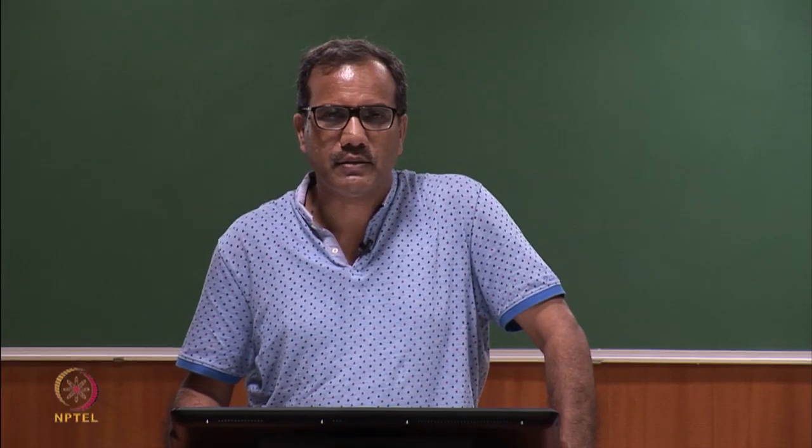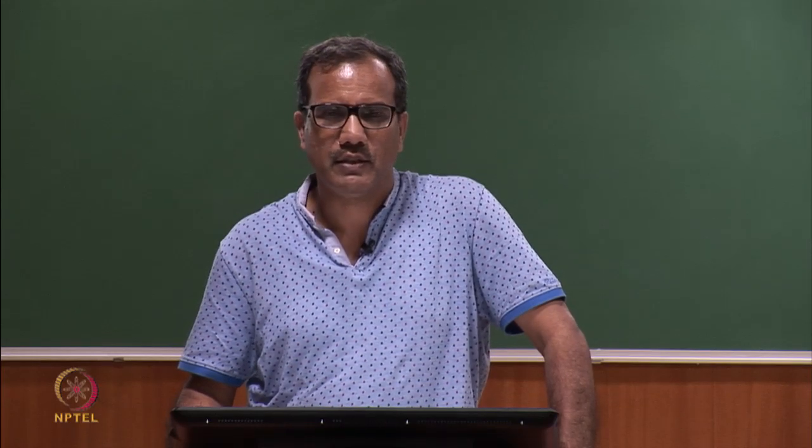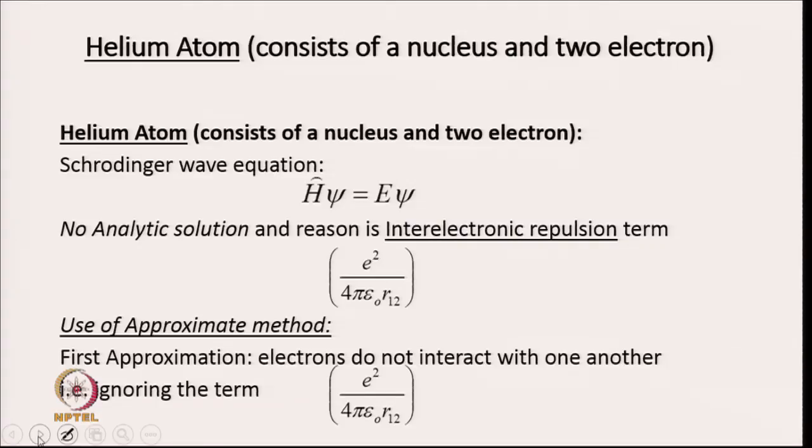Now, I will go on to discuss atoms having more than one electron. For example, the helium atom. The helium atom consists of a nucleus and two electrons, and if I try to solve the Schrodinger wave equation to get the energy of different energy levels associated with the helium atom, we will not be able to get an analytic solution.